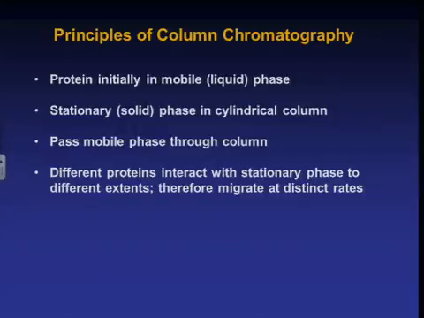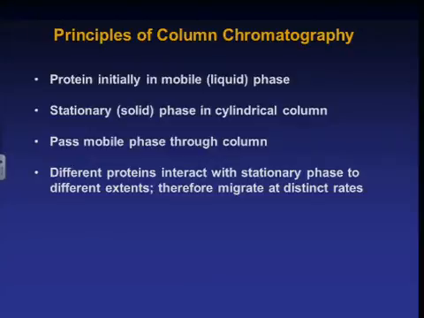The basics of column chromatography, and as it implies that there's a column, which is depicted in the next figure, you have two phases. You have something which is in that column, in that tube that's packed, which we'll call a resin, or we'll call the stationary phase. The protein initially is in the mobile phase or the liquid phase.